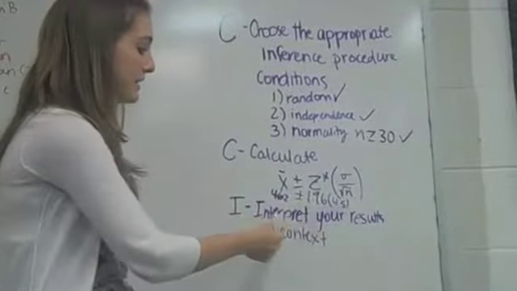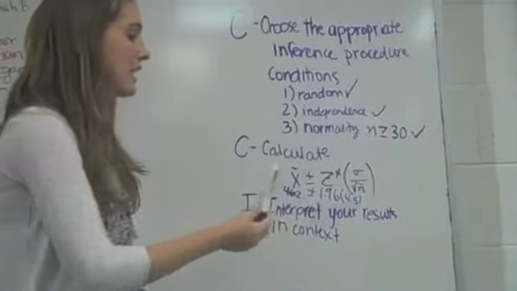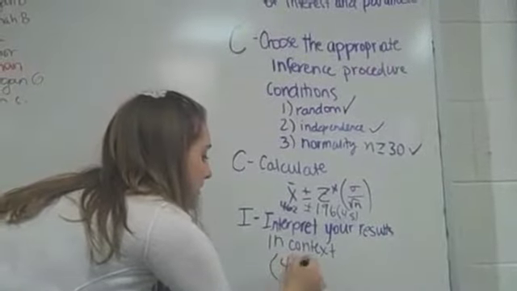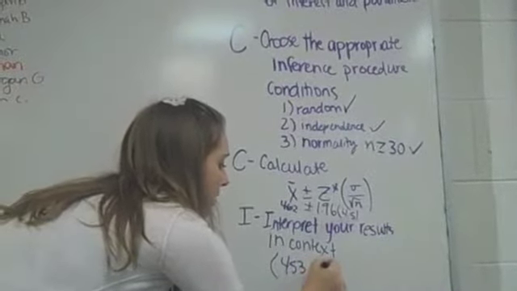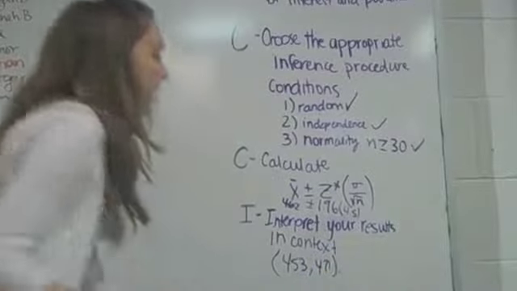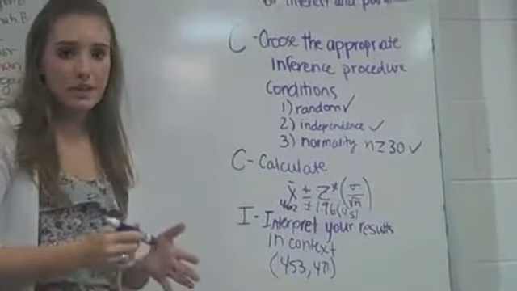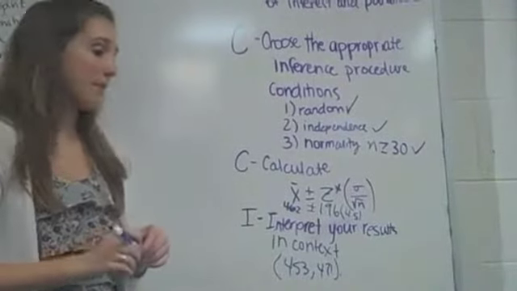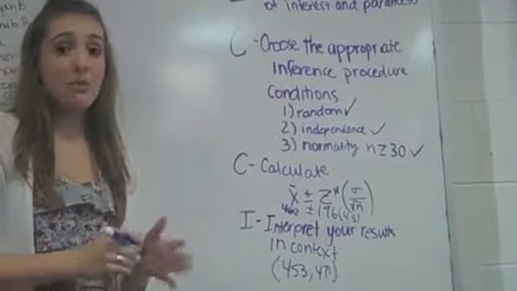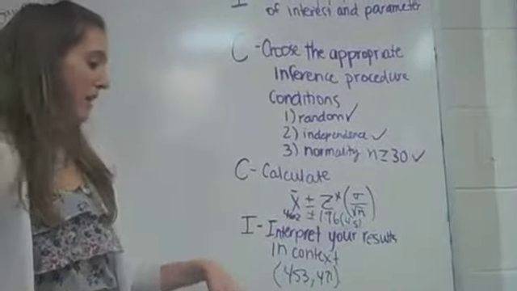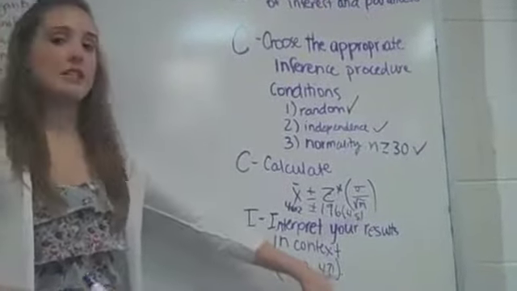So when you calculate this, 462 plus or minus that, you will get the interval, which is 453 to 471. So interpreting your results is saying we are 95% confident that the true population mean for SAT writing scores in high school seniors in Texas will lie within 453 and 471.